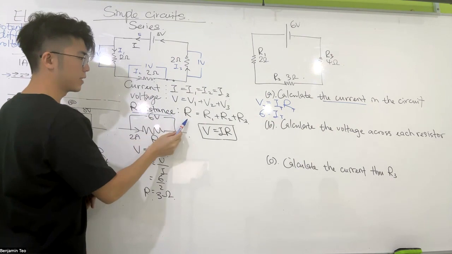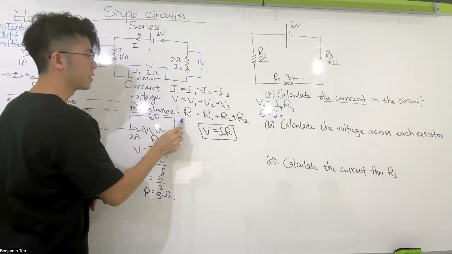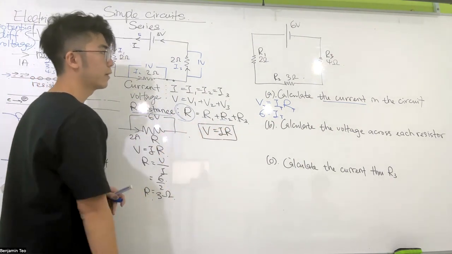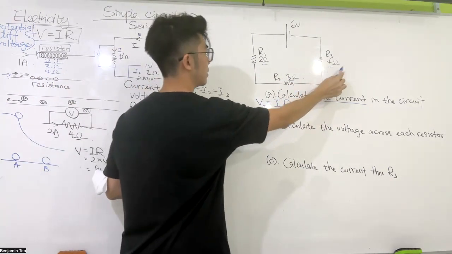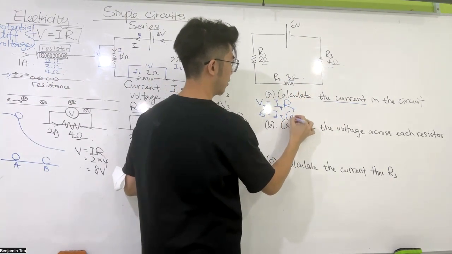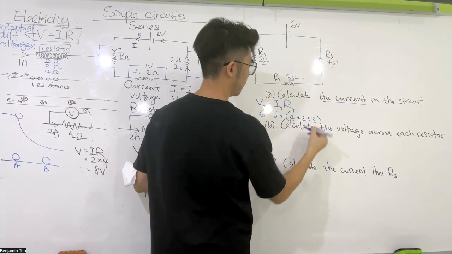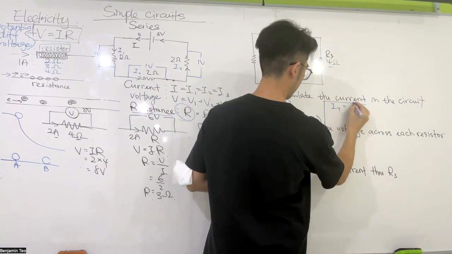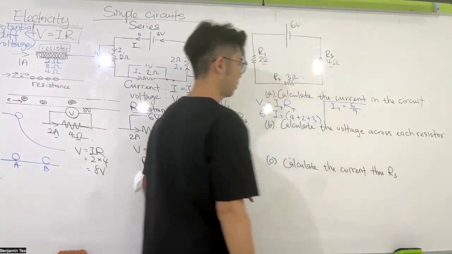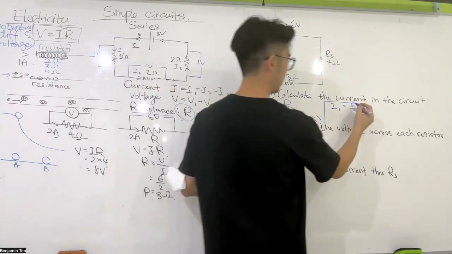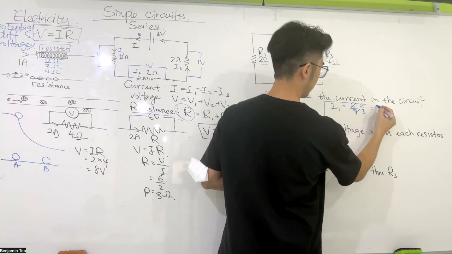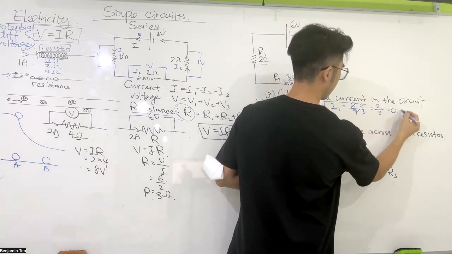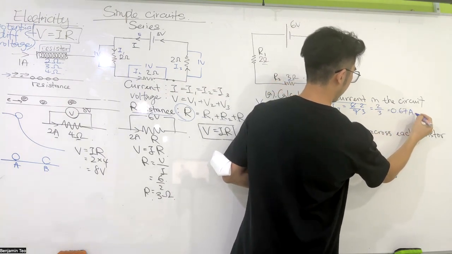What is the law of resistance in a series? Just add it all. So 2 plus 3 plus 4 is 9. So I total is 6 divided by 9, which is 2 over 3, 0.67 amps.